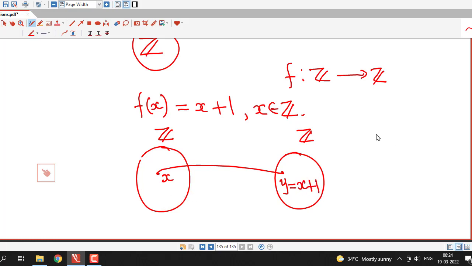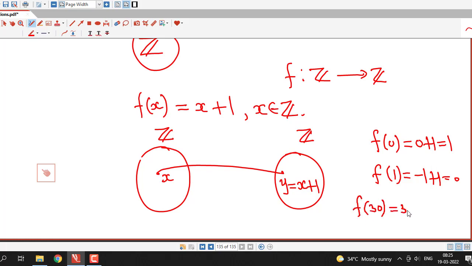For example, if x equals 0, the image will be 0 plus 1, that is 1. If x equals minus 1, I will have minus 1 plus 1, that is 0. So the image of minus 1 is 0, the image of 0 is 1, and the image of 30 is 30 plus 1, that is 31. So this is a function from an infinite set to an infinite set.